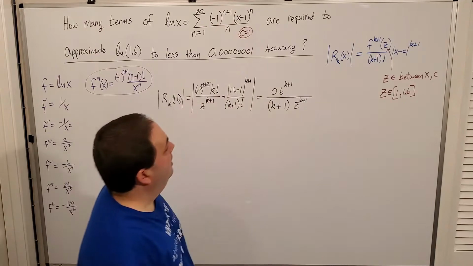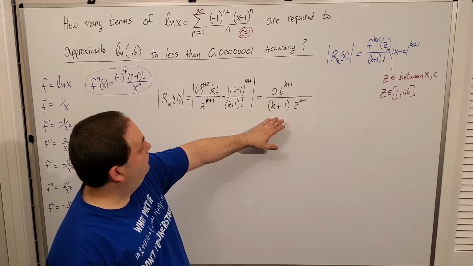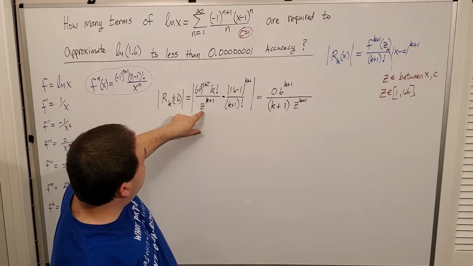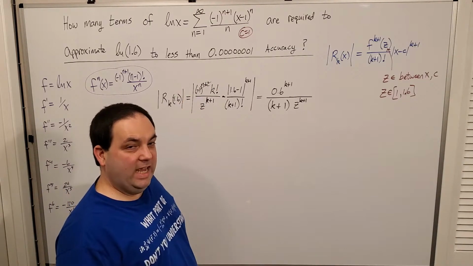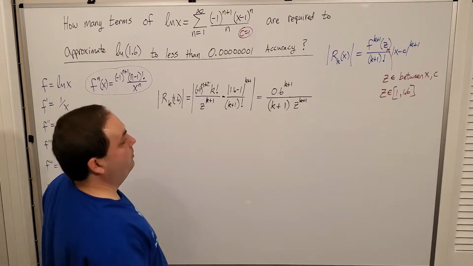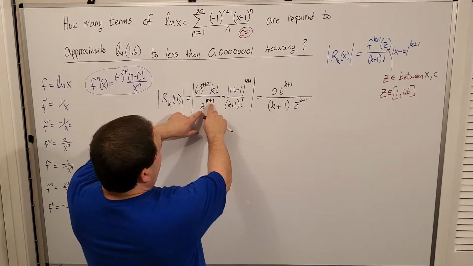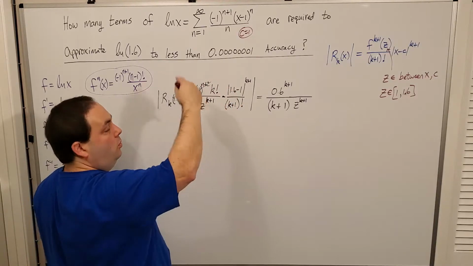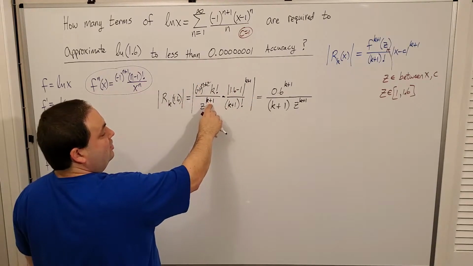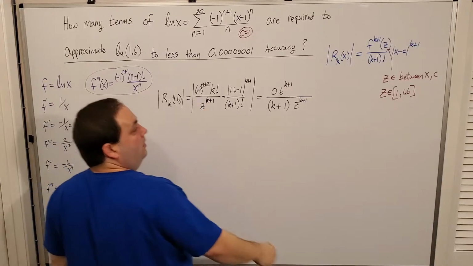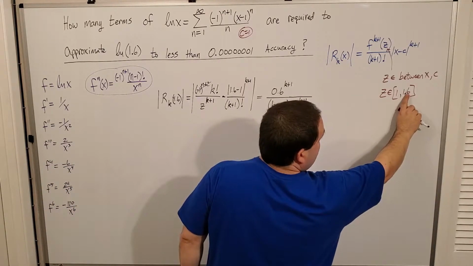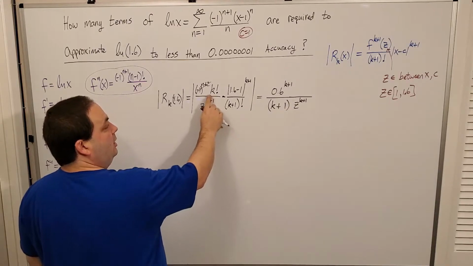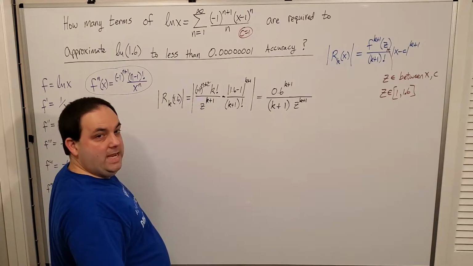Now look at the particular setup here. The z to the k plus 1 is yet again in the denominator like the last one we talked about. It's just to a straight up power, and the power is just going to keep getting bigger. K plus 1, k plus 2, k plus 3. So the larger I let z be in the interval between 1 and 1.6, the larger the denominator is going to be.